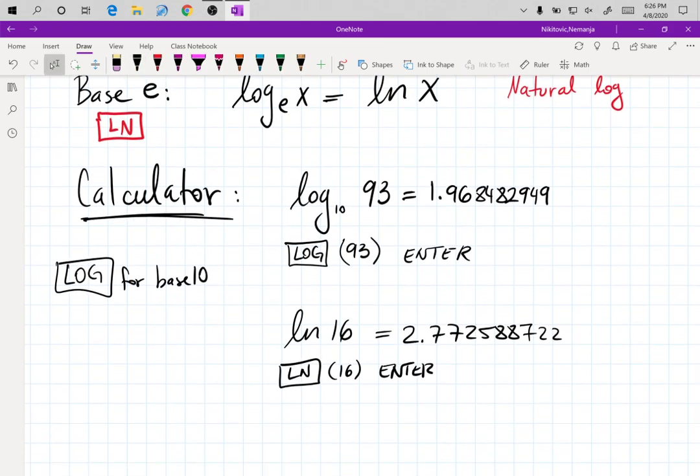Now, in practice, we keep about 2 to 4 decimals depending on application. We don't have to keep a lot of them, but we do have to keep in mind that the error accumulates in calculations quickly with exponential, right? Because we've seen last class that exponential functions rise very quickly.